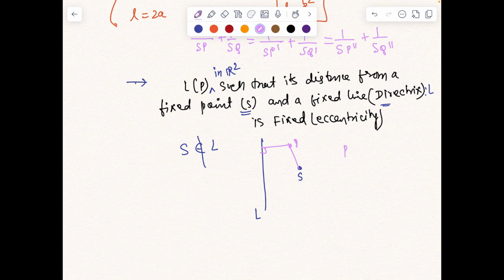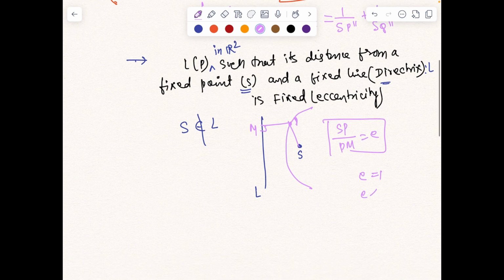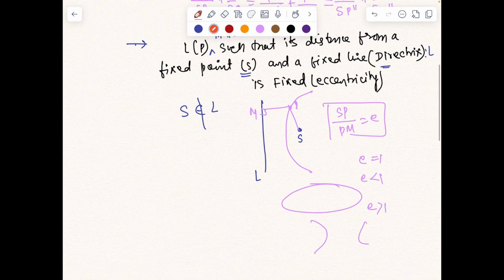For any variable point P, the SP by PM ratio is called eccentricity. And we know for e equal to 1, it will trace a parabola. For e less than 1, we'll have a closed curve ellipse, and e greater than 1, we'll have a two-branch hyperbola. There will be another situation as well, when S belongs to L.